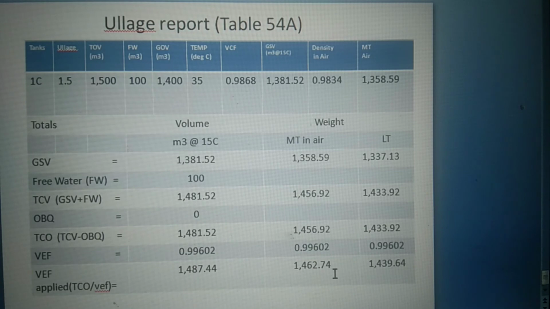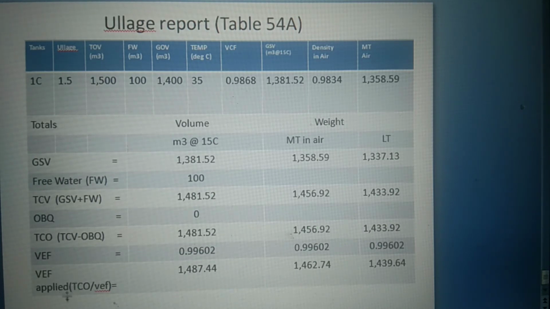Okay guys, and also the same way here, 1433.92 divided by 0.99602, so we will get 1439.64. Okay guys, these are the BEF applied figures of total cargo on board.